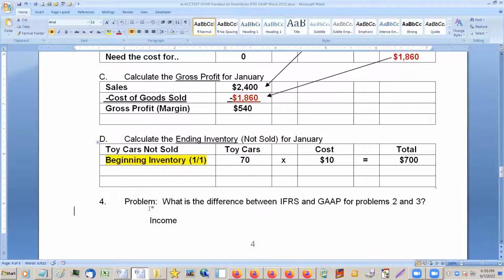Okay, so let's see, the difference in income would be. Well, let's see, sneeze. All right, so the gross profit was.